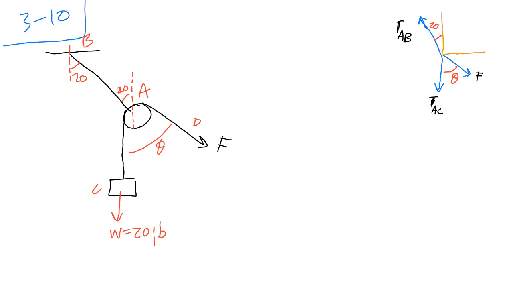Okay, so TAC we know is 20 because that's the weight of the box. This box right here. And I should also say real quick, this box right here has its own free body diagram. That looks like this right here is tension.